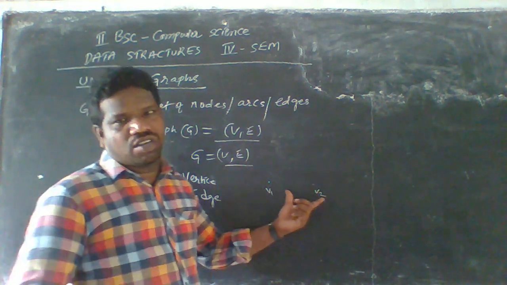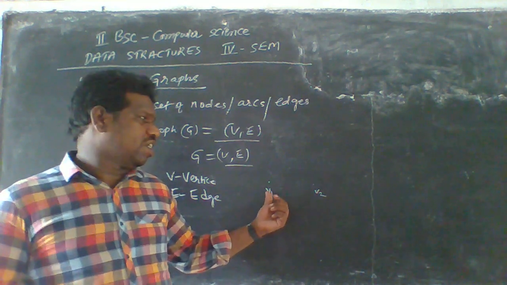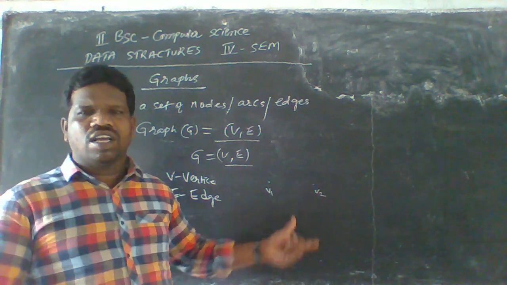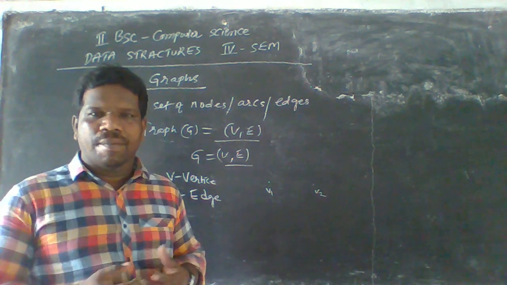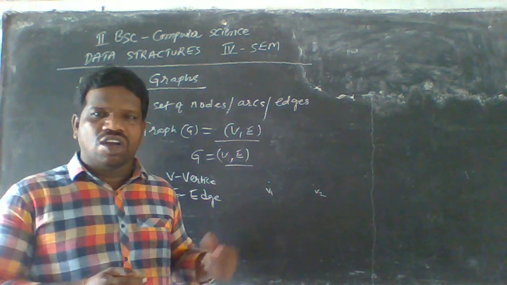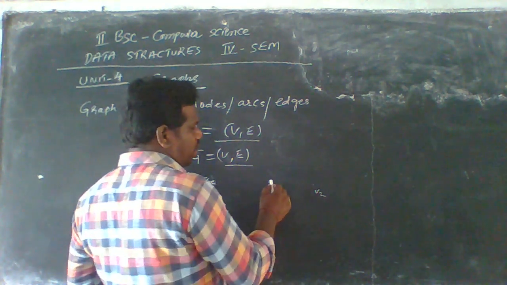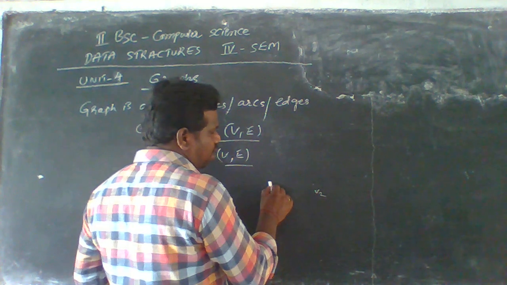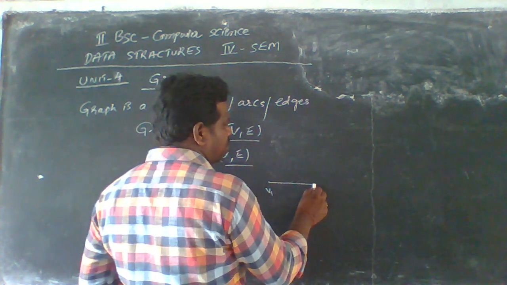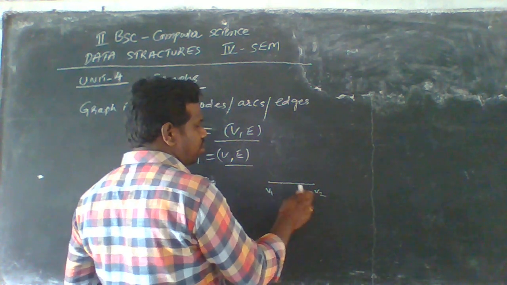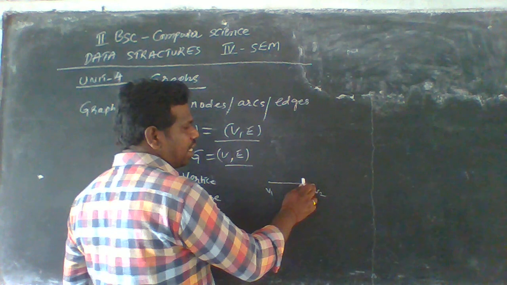These vertices are connected to each other by using an arc or an edge, and by using an edge we can form the graph. So I'm creating one edge here that is drawn from here to here. This is V2, this is V1, and I'm giving a straight line.